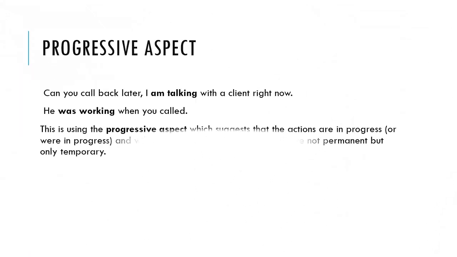Progressive aspect. This is using progressive aspect, which suggests that the actions are in progress or were in progress and will end sometime soon because they are not permanent but only temporary. So we are focusing on the action which is in progress or temporary.